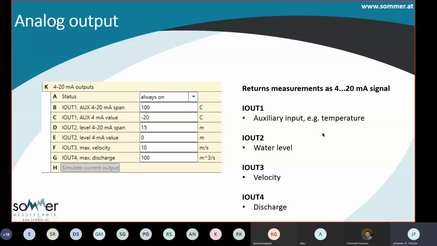If you attach, for example, a temperature sensor to your RQ instrument, you can read out the temperature value from the analog output number 1. And the analog output number 2 is the water level, number 3 the flow velocity, and number 4 the discharge. So you can set the scales and measurement range with these analog settings here in the setup for the 20 mA outputs.